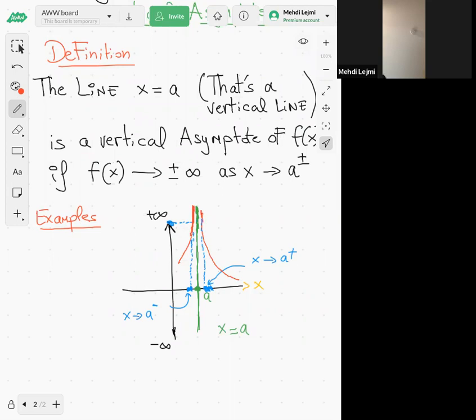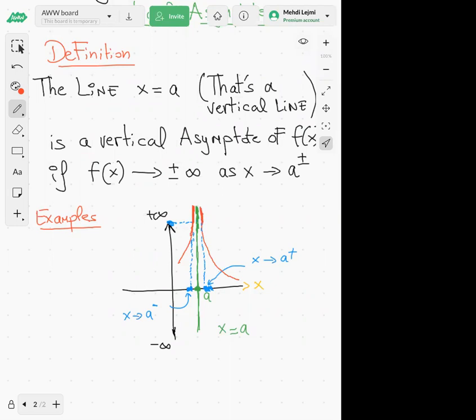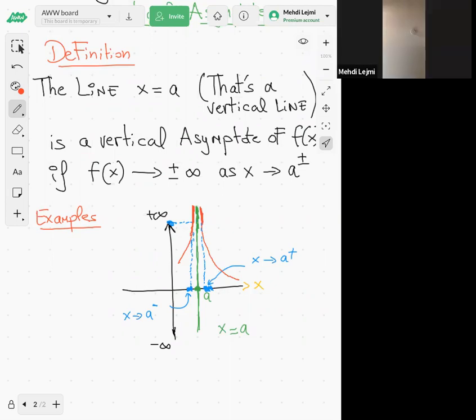So that's what I call a vertical asymptote. And of course, the line on the left, the red line, would usually be underneath, in the negatives. So that's the graph of f of x.